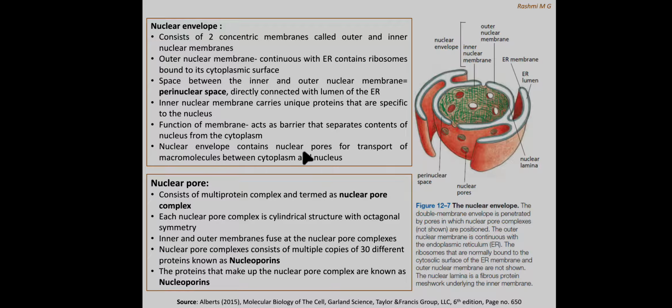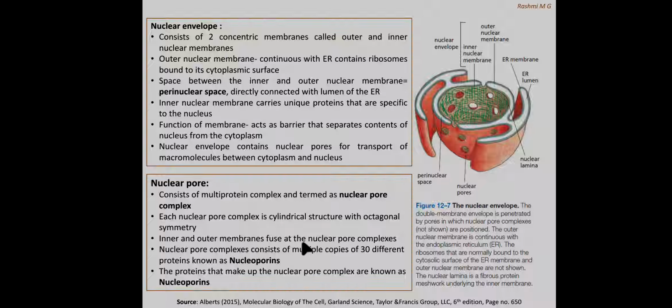The nuclear envelope contains nuclear pores, or holes, for transport of macromolecules between the cytoplasm and the nucleus. The nuclear pore consists of a multi-protein complex which is octagonally symmetrical and has a cylindrical structure.